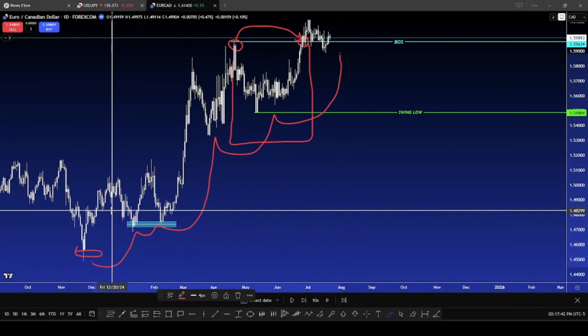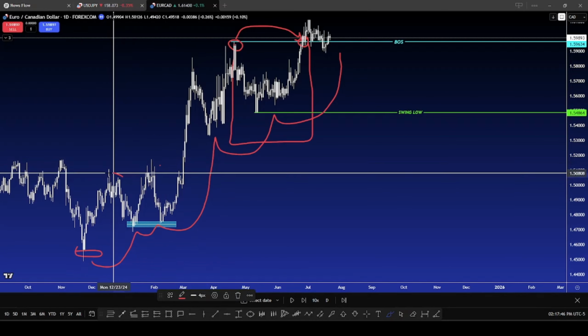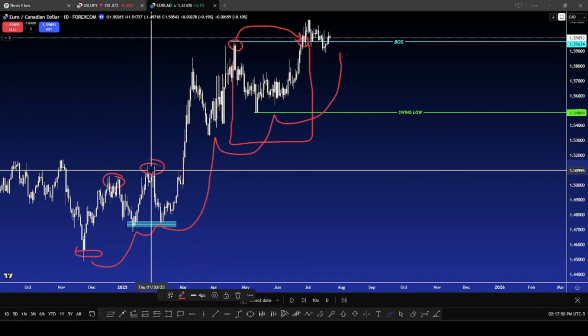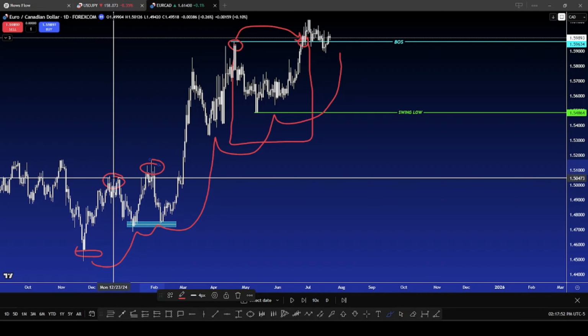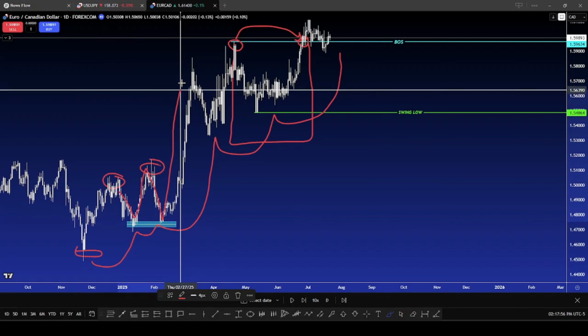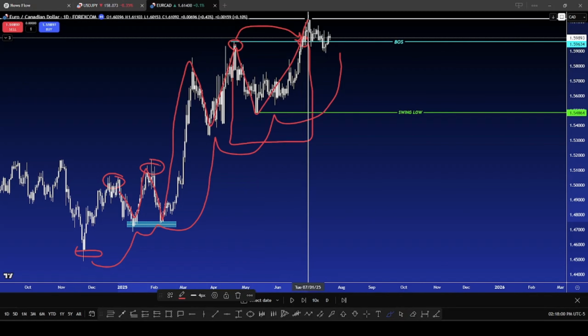And then you can see the highs. This is a high, but this one is higher. So we have higher high, higher low, higher high, higher low, higher high, potentially a higher low.